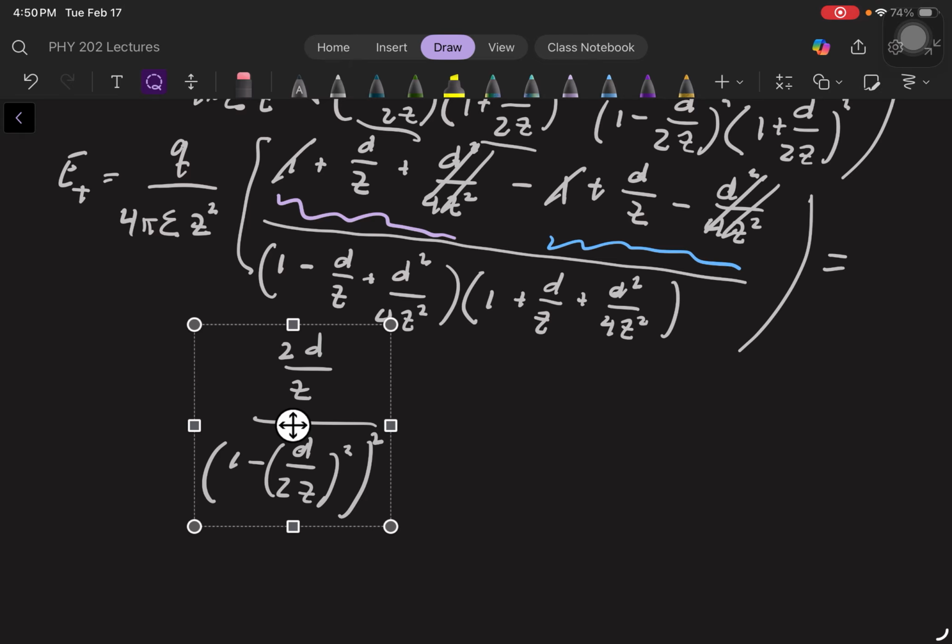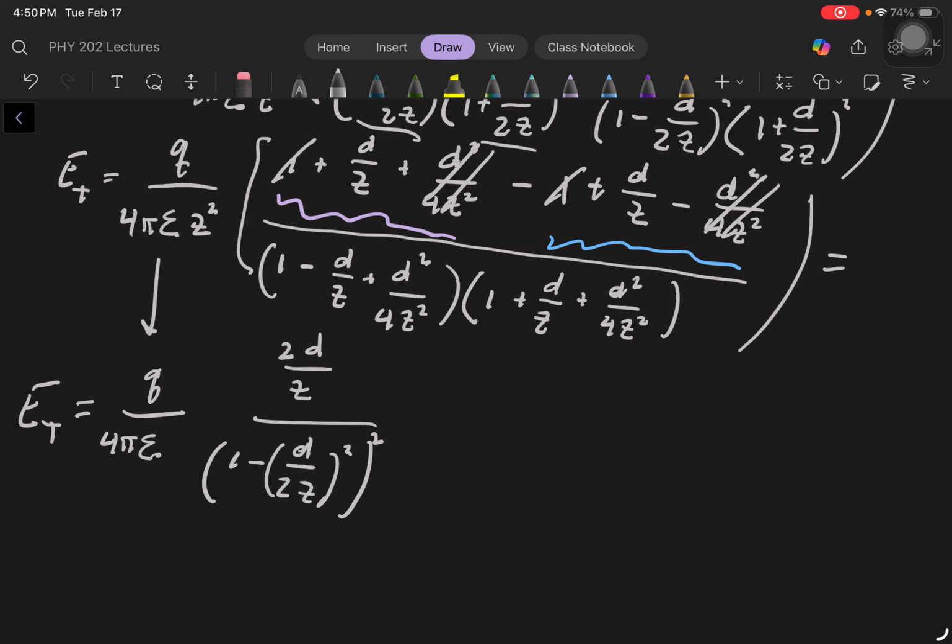So we're gonna write E, gonna bring this down, Q over 4 pi epsilon naught Z squared. So then we can get rid of this Z and make this Z cubed.